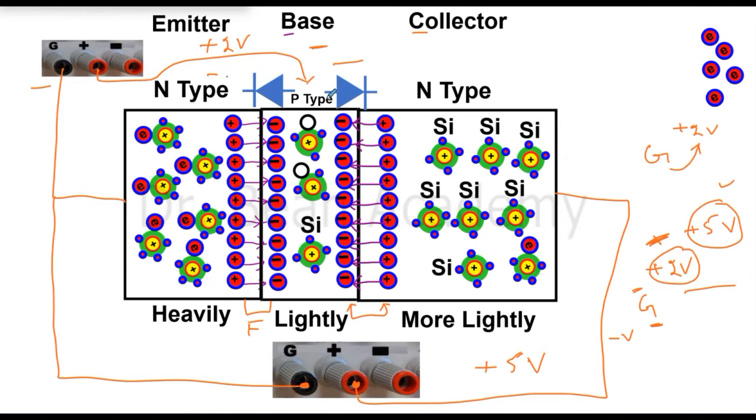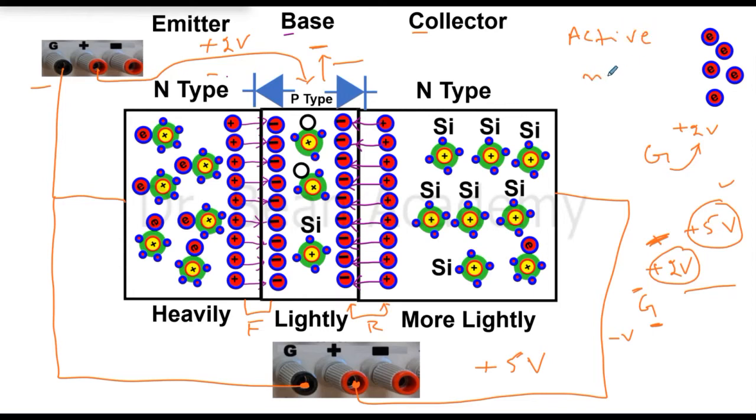So we see that the p-type side is connected with the negative terminal of the battery, and the n-type side, which is the collector, is connected with the positive terminal. This is in reverse bias mode. One junction, the emitter base junction, is in forward bias mode, and the collector base junction is in reverse bias. In this mode, we call it the active mode of the transistor.